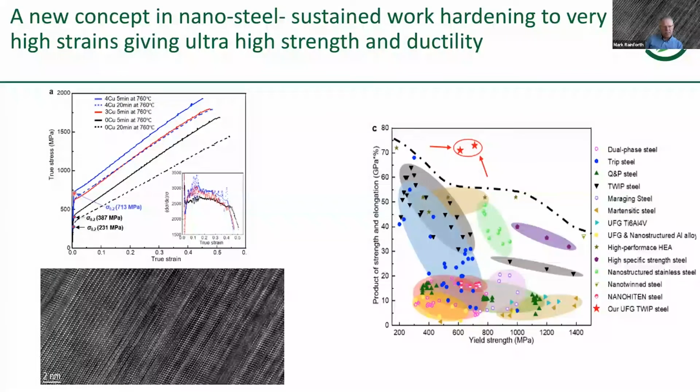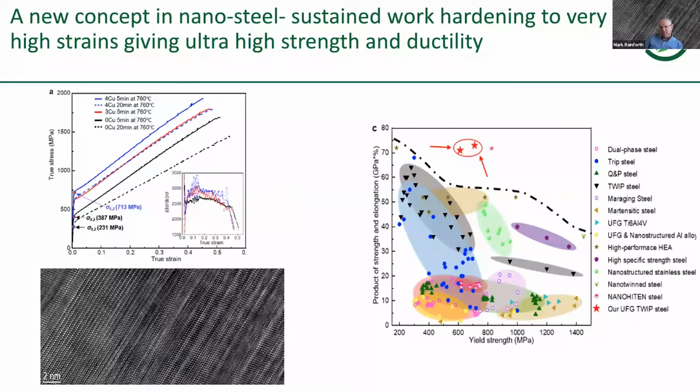And when we look at the tensile strength properties, then we can achieve a yield here of 713 megapascals. That's dramatic work hardening range as we get up to a UTS of just short of 2 gigapascals with a true strain here of 0.45. So extraordinary ductility properties.